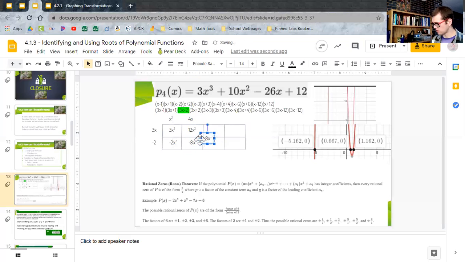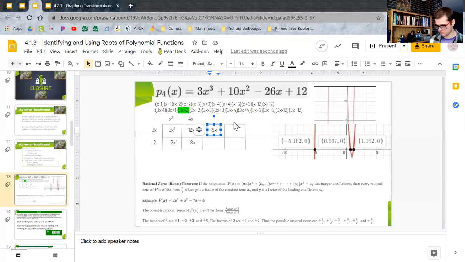If you see me do a number wrong, holler, because I'm definitely possibly making a mistake. So let's see, -8 plus something gets -26. 18? Let's see, 3 times what gives me -18?